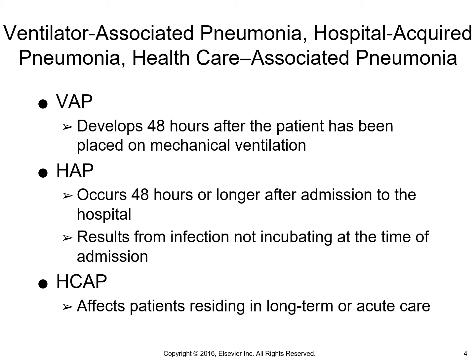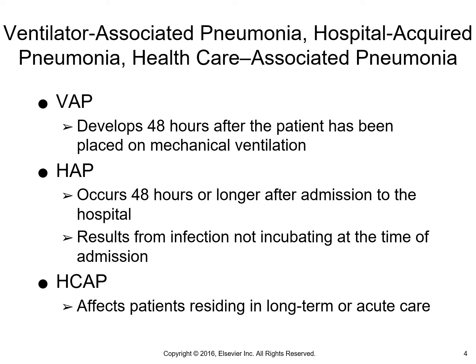So we have different definitions that we need to be aware of. A VAP is a ventilator-associated pneumonia, which is defined as developing 48 hours after the patient's been placed on the ventilator. Then a HAP is a hospital-acquired pneumonia, which occurs 48 hours or longer after admission to the hospital.